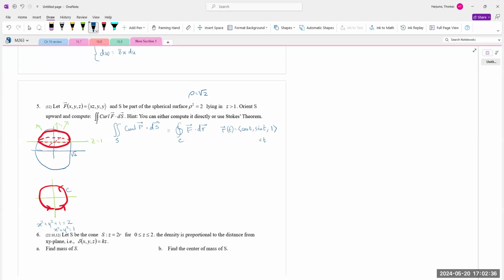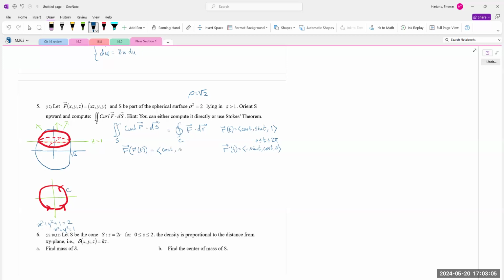With t from 0 to 2 pi. So r prime of t will be negative sine t, cosine t, 0. Now what is F on that curve C? That will be x z, that's cosine t.